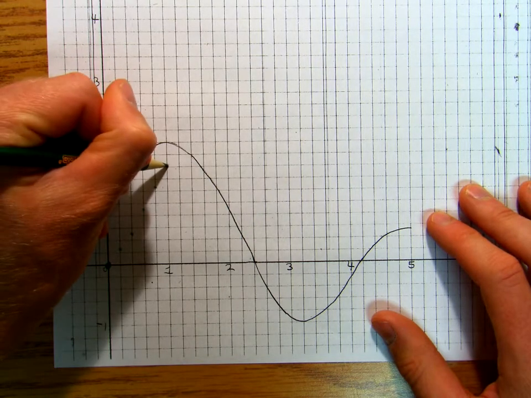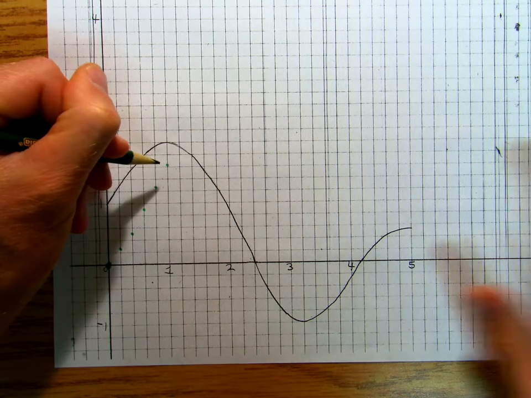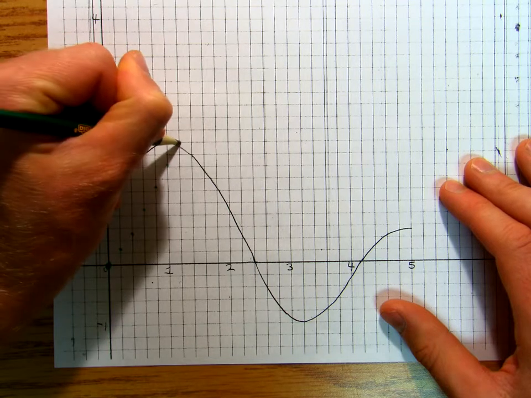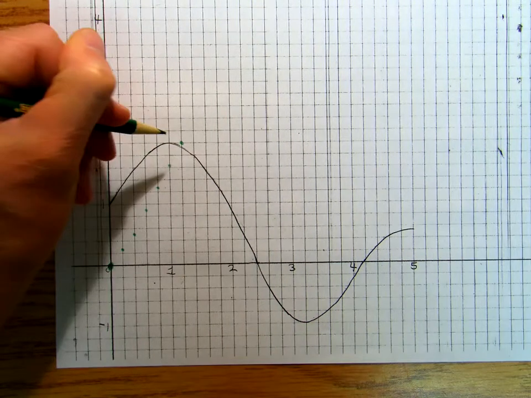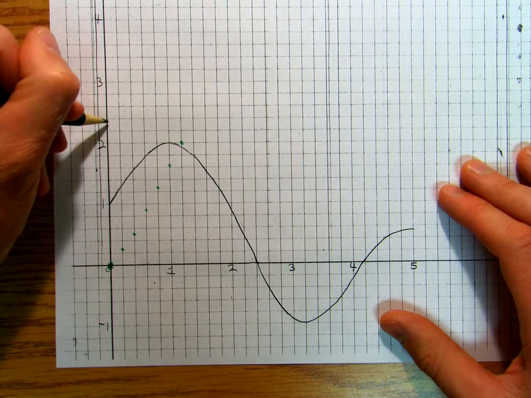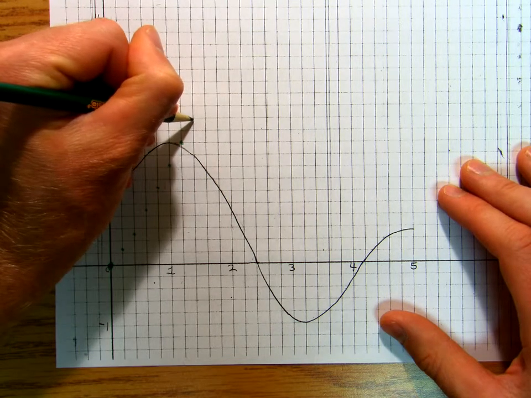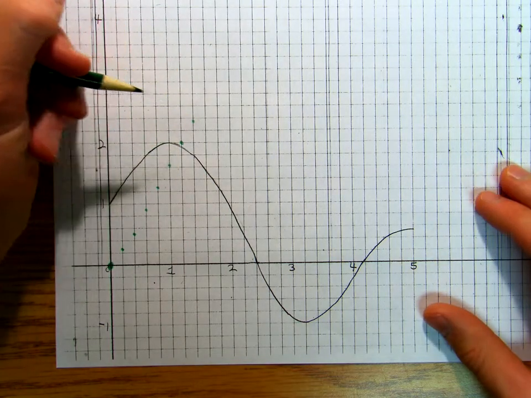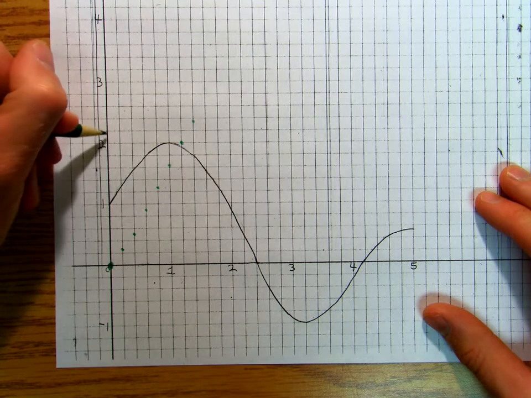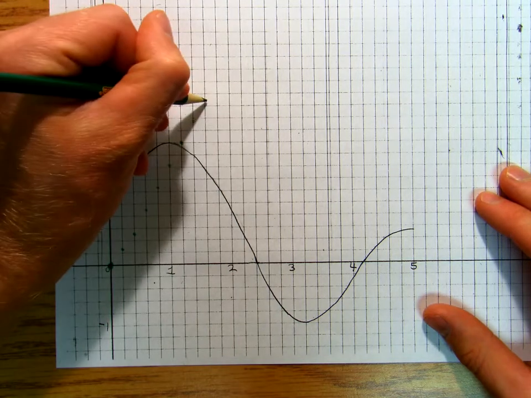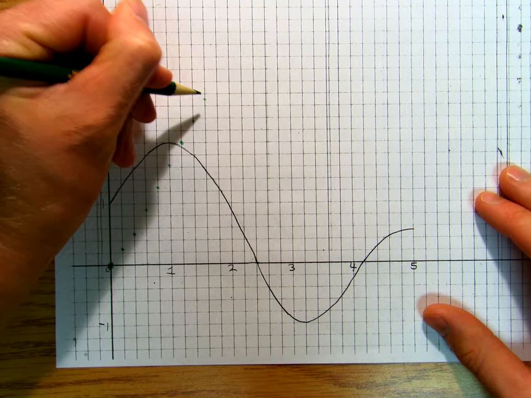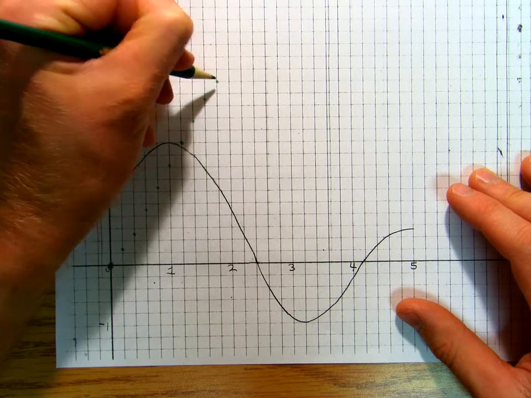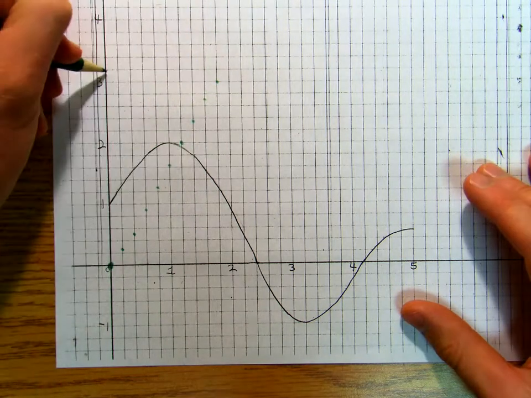Next, go to 1.62, so there's 1.6, and 1.62 is right there. Then 2.384, so I'm going to be there. 2.714, right about there. 2.96, which is almost 3.